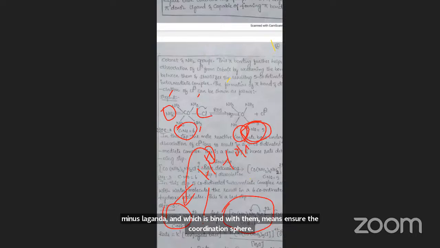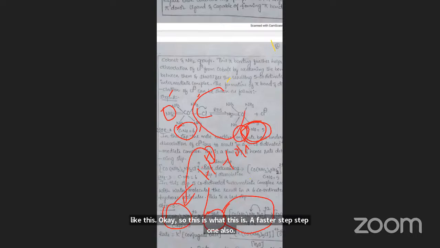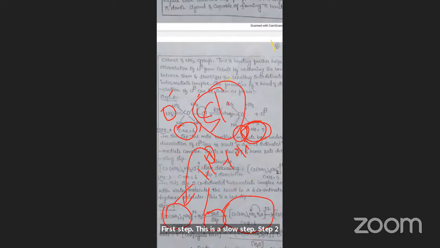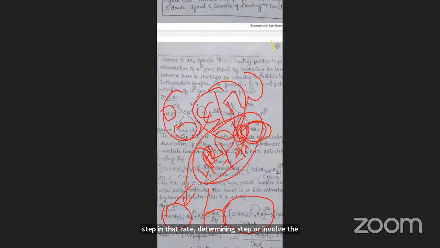Like this. This is a fast step. Step 1 is also a fast step. Step 2 is the slow step, the rate determining step. In the rate determining step, the conjugated base complex is involved. So this is the SN1 CB pathway. This is very, very important. Now we will show the pictorial representation of that. Okay, just wait.